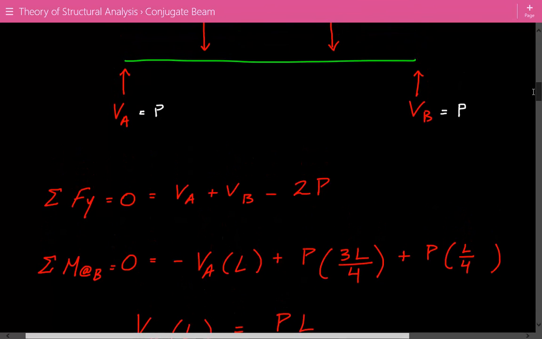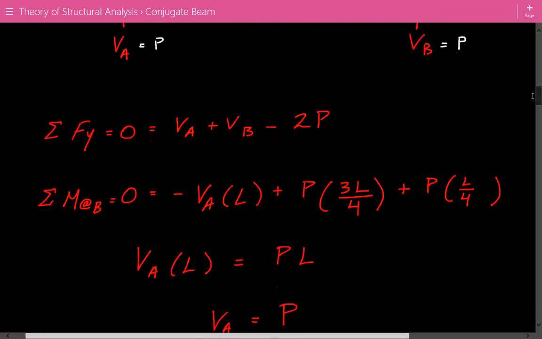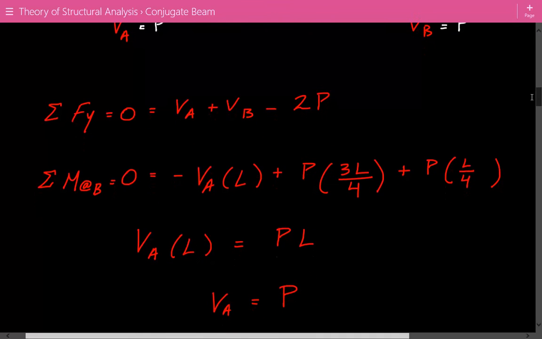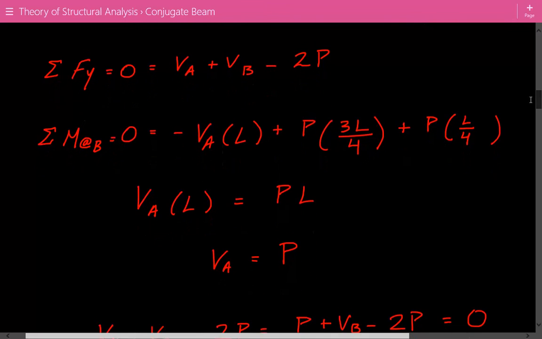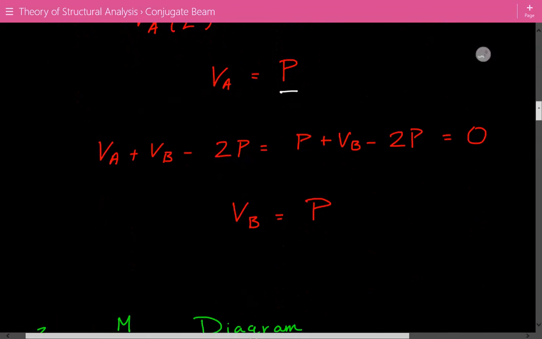I wrote the two static equations, one for the vertical reaction, and then I took the moment about point B. And so it still comes out to be the same. The shear at A is equal to P, and then the shear at B is also equal to P.